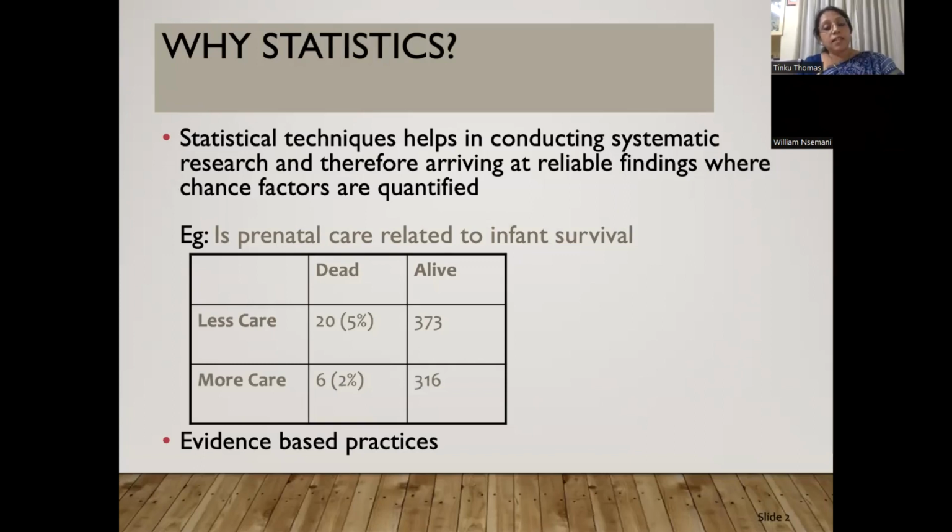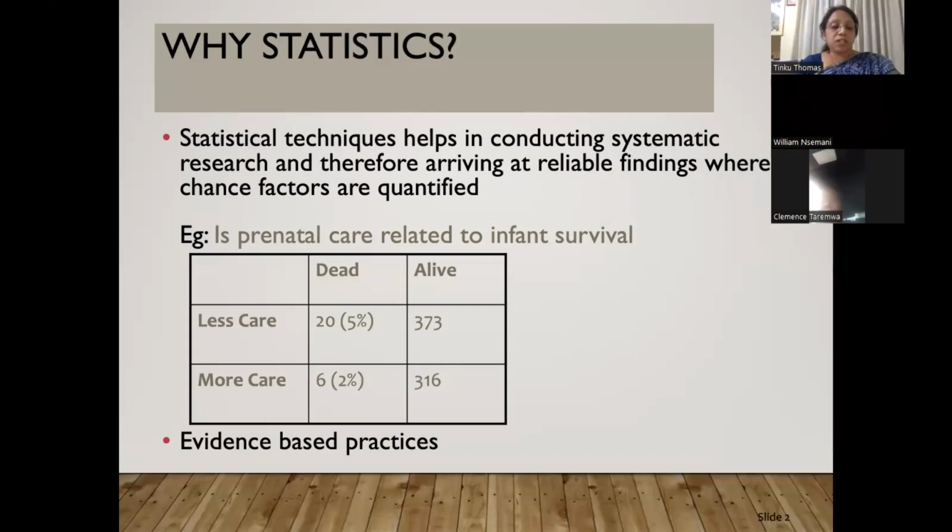The data showed 5% mortality in the less care group and 2% mortality in the more care group. By looking at this data, it looks as though there is some difference, a reduced mortality in the more care group, and our inclination is to think that, yes, more care is beneficial. But if you examine the numbers that were studied, they are not too big.